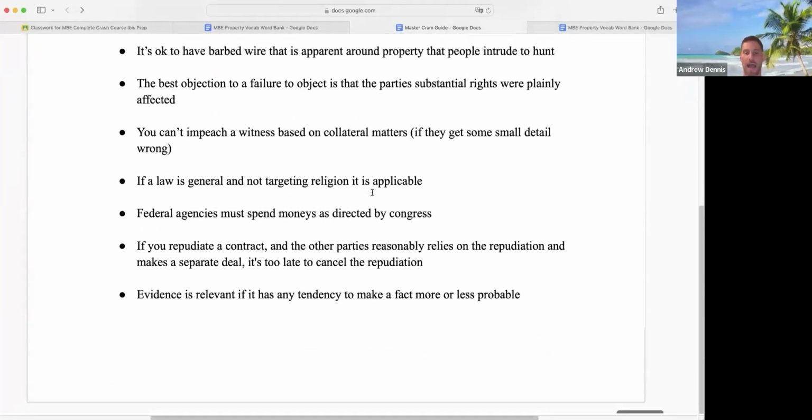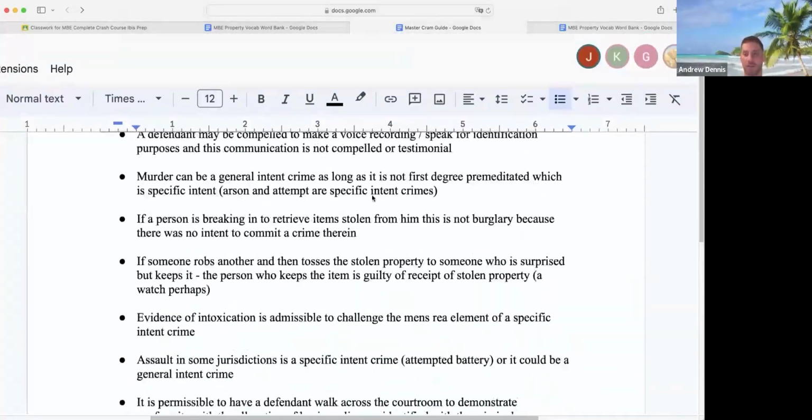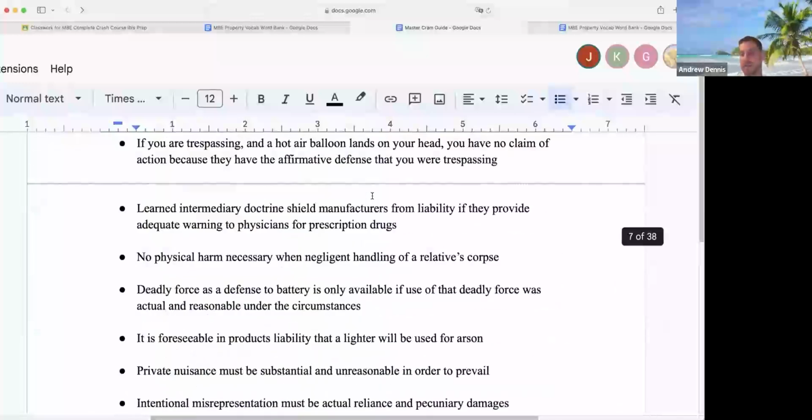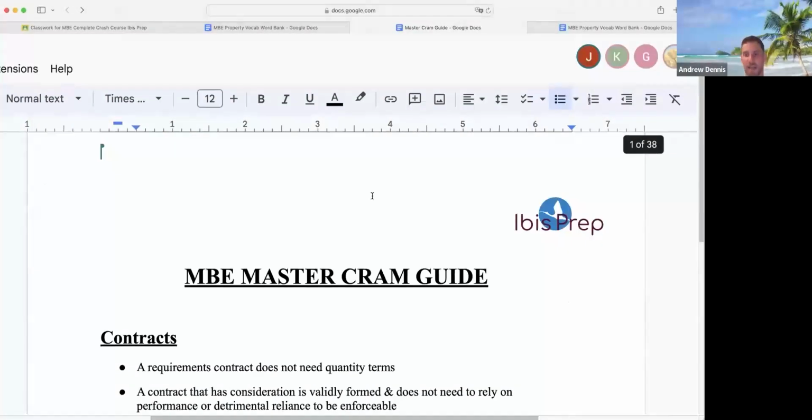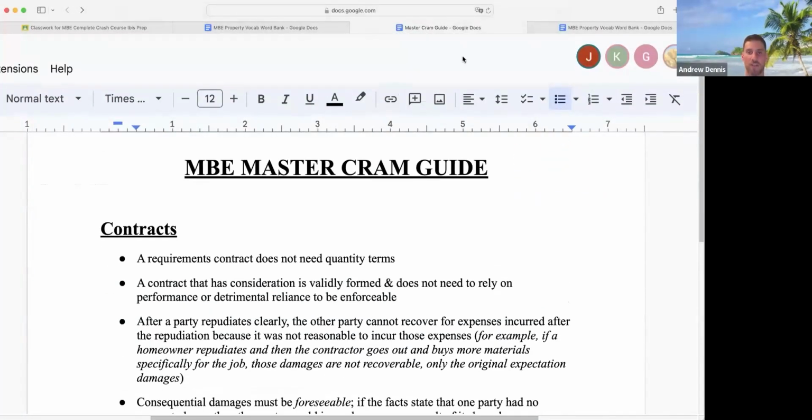So Ali said, "Oh, this isn't a cram guide. It's way too long." I told her that this isn't an easy test. This is the MBE exam. So I actually think that 38 pages is a solid length for a cram guide. It has 3 administrations. If you wanted to know where those cram points came from, they've come from my students, from us doing them live over the past 3 administrations and doing live questions and taking a cram guide for every single point.